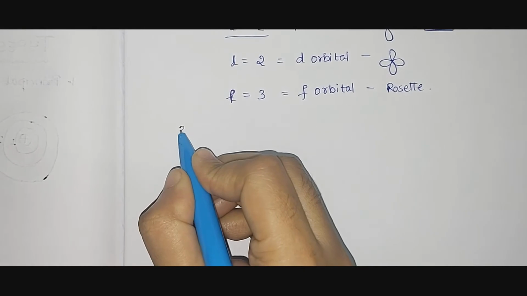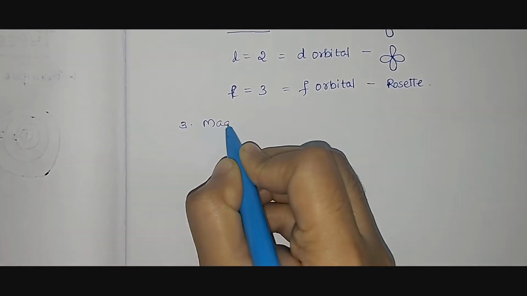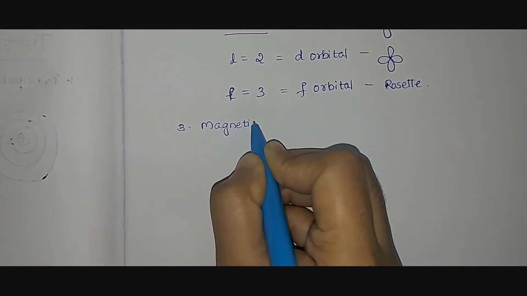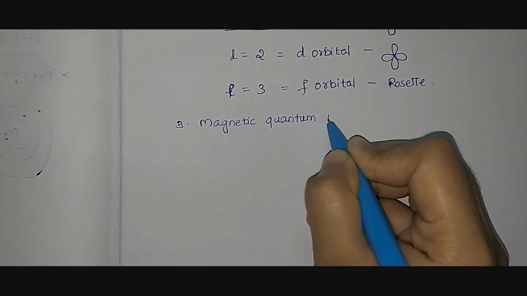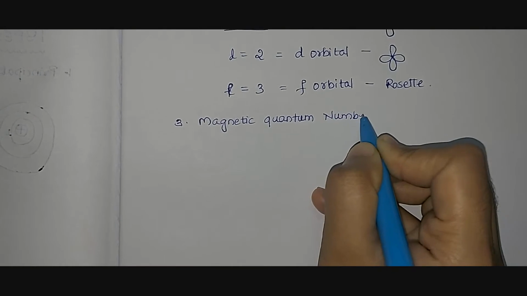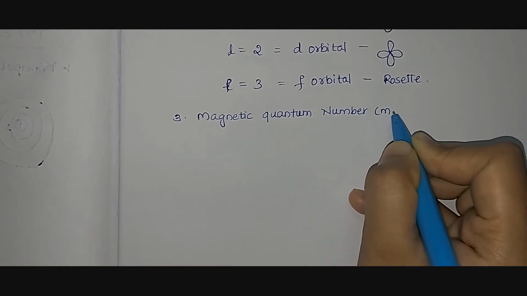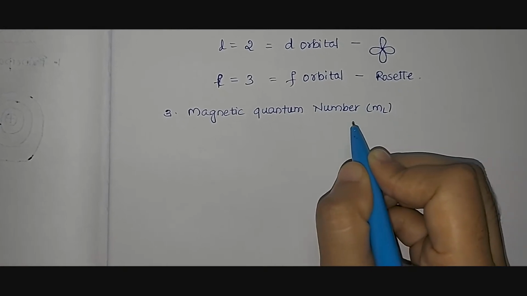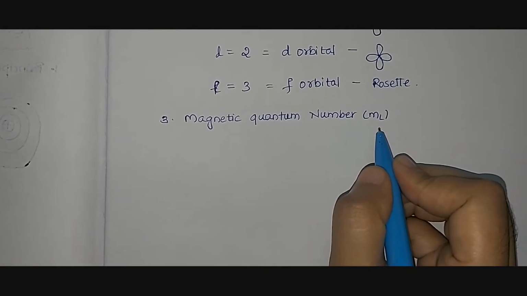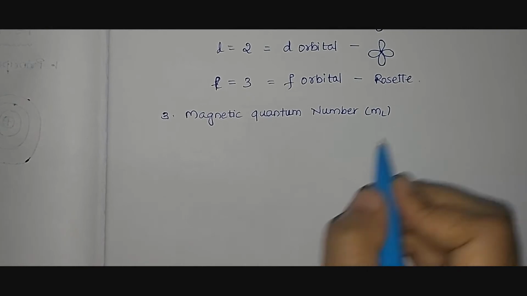Next is the third quantum number, that is the magnetic quantum number. The magnetic quantum number helps you understand the orientation of the orbital in space and is represented by ml. Orientation of the orbital means along which axis our orbitals are oriented.